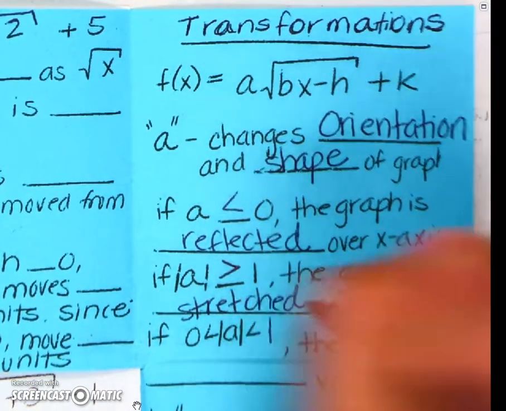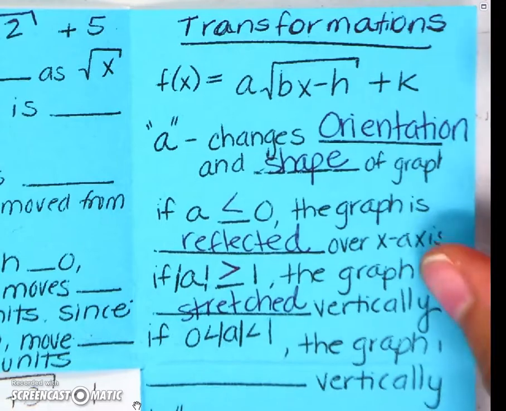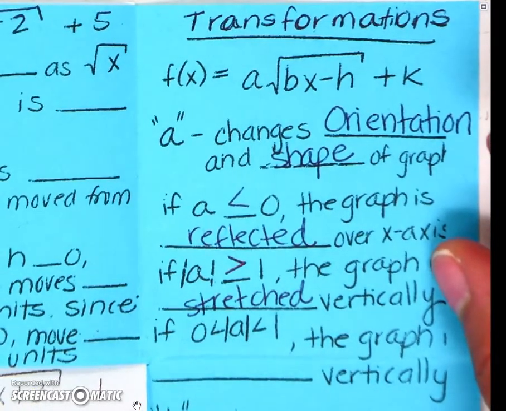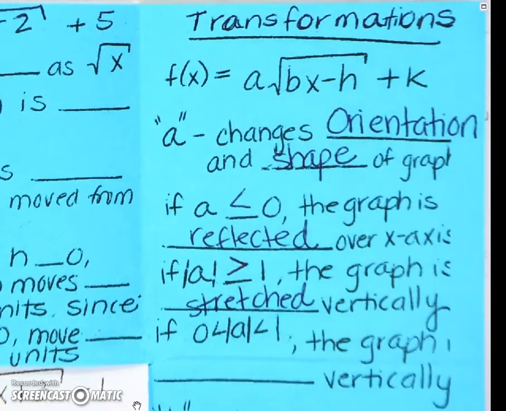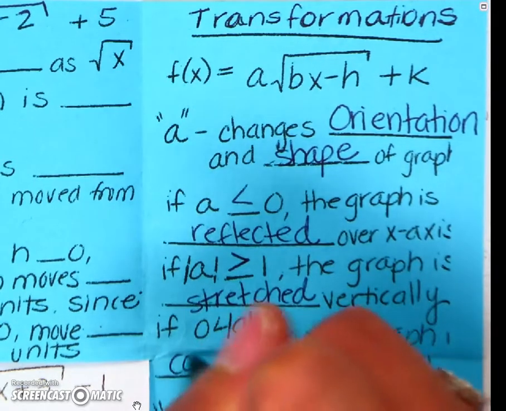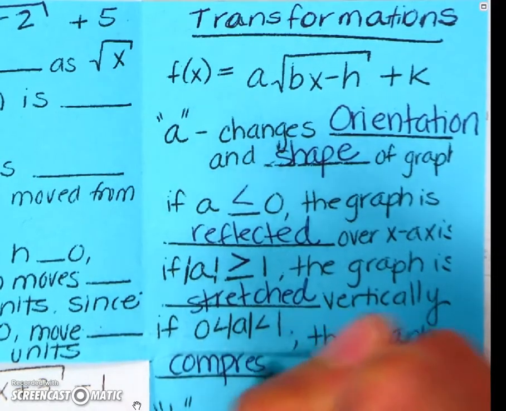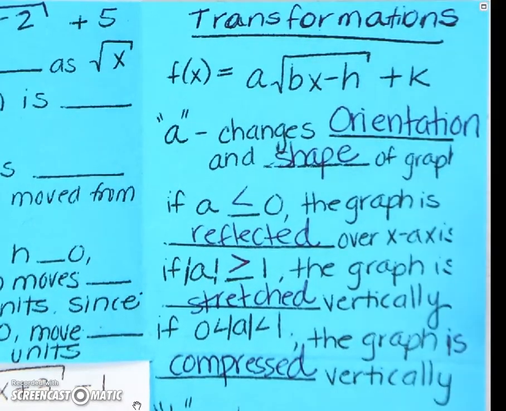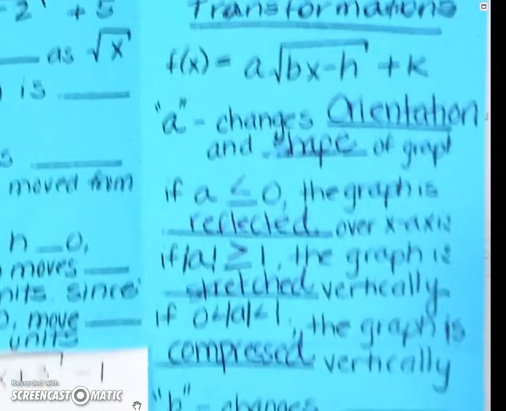So anytime a is a 2 or a 3 or a 5 or a 10, it's going to be stretched vertically. If a is between 0 and 1, if a is a decimal or a fraction, then the graph is compressed vertically. And it kind of cut off the word is. Okay? We're going to finish that.